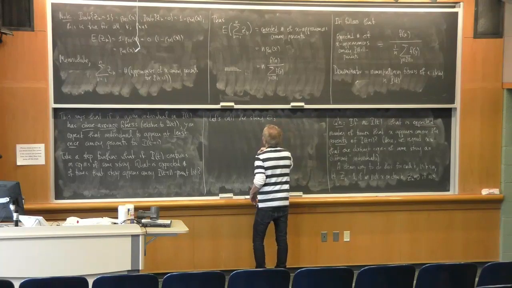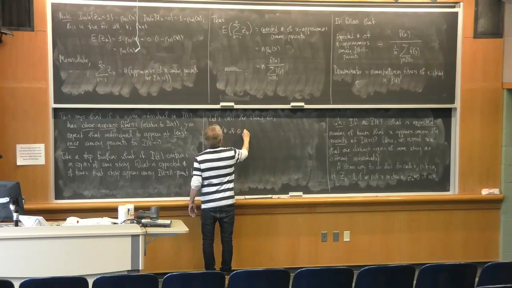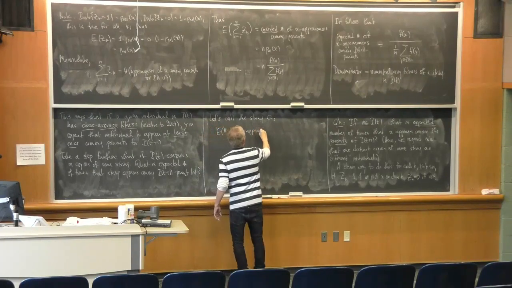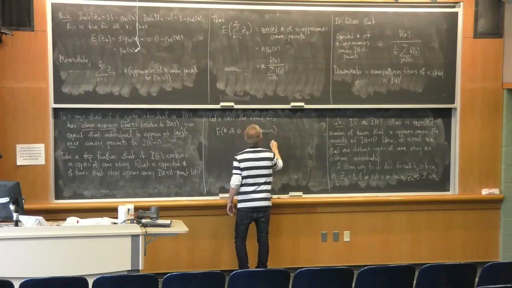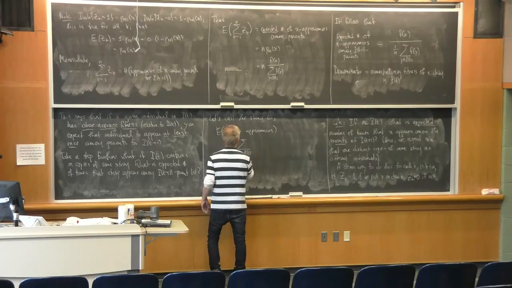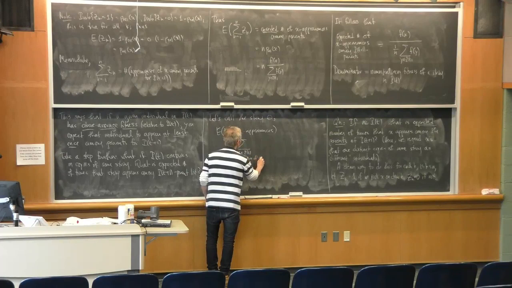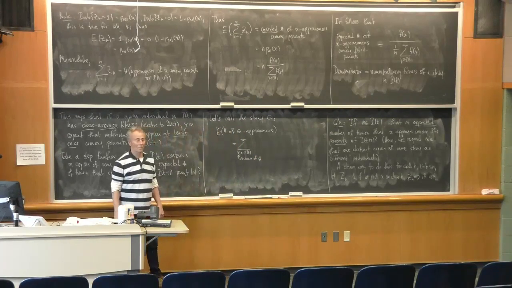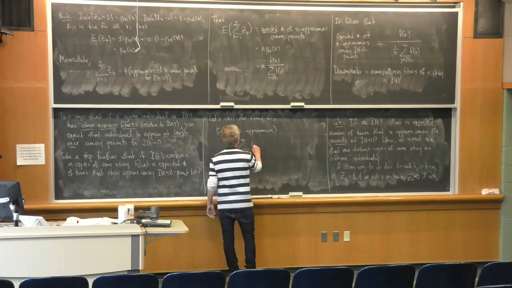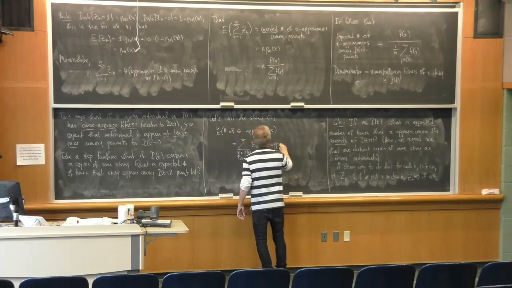And I claim that the expected number of theta appearances is going to be equal to the sum over all x in P of t, and these are different individuals, where x is an instance of theta, of the expected number of x appearances among those parents.